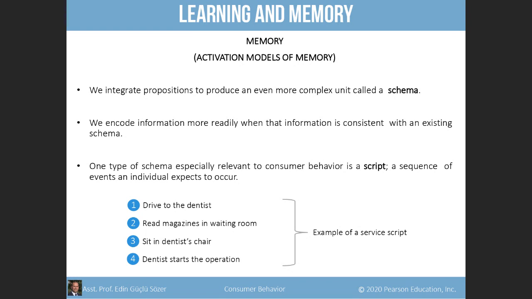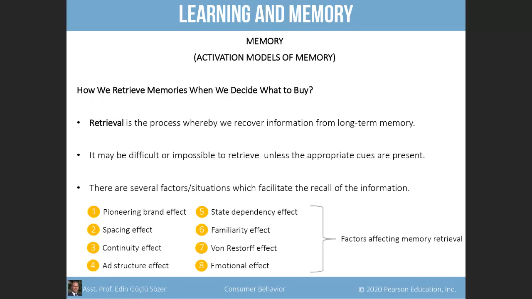Go to the dentist, read magazines or look at your mobile phone in the waiting room, then go sit in the dentist's chair and the dentist starts the operation. These are the 4 steps in the script, and under the dentist schema in our memory, there is already a script, and we just call back this information and do the necessary.